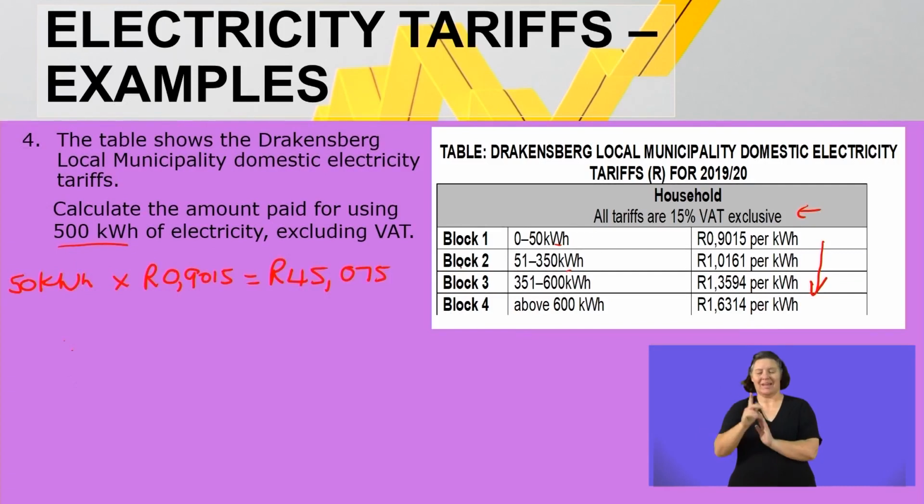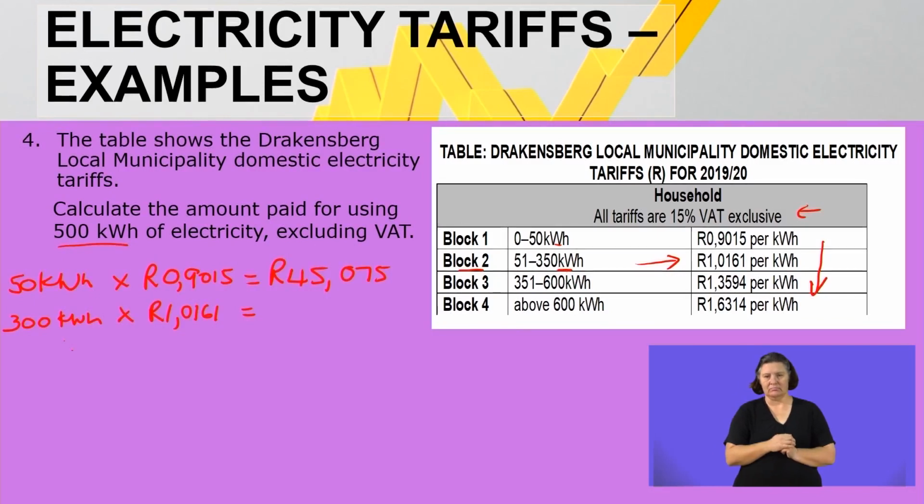Then if I look in block number 2, here we already calculated for the first 50 kilowatt hours. So in essence here, you are allowed to use 300 kilowatt hours. How did I get to 300? 350 minus that first 50 we already paid for at this specific rate. So therefore here, I'm going to say 300 kilowatt hours of electricity multiplied by 1.0161, I'm using the rate in block 2.